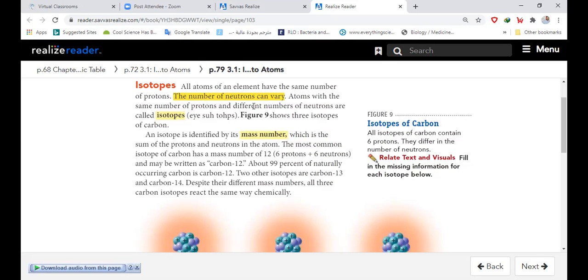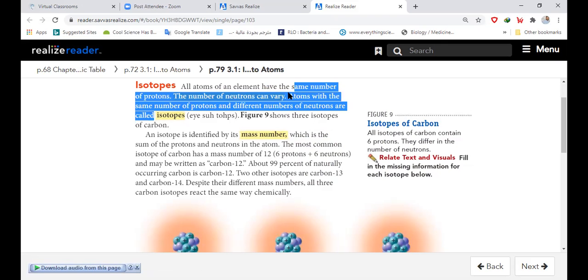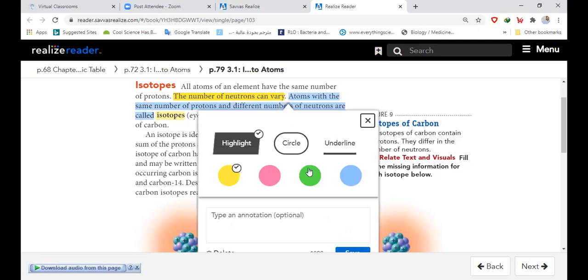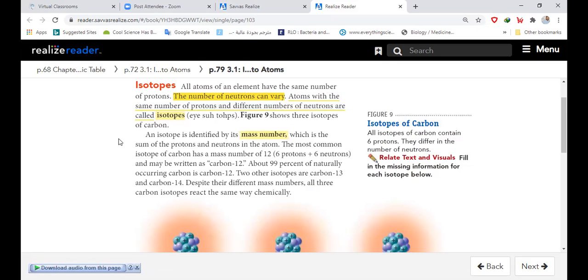Now, what is the meaning of isotopes? Atoms with the same number of protons and different numbers of neutrons, we call them isotopes. Look at this.